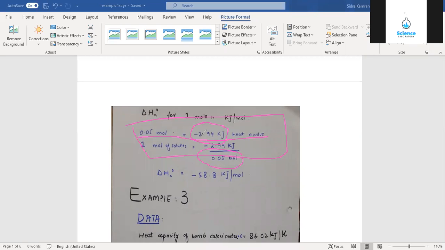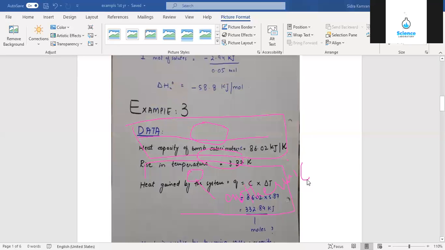Minus 2.94 multiplied by 1 and divided by 0.05. It will be equal to minus 58.8 kilojoules per mole. This sign just represents that the reaction is exothermic. Neutralization is an exothermic reaction. Next example is example number 3. See the question from your book.